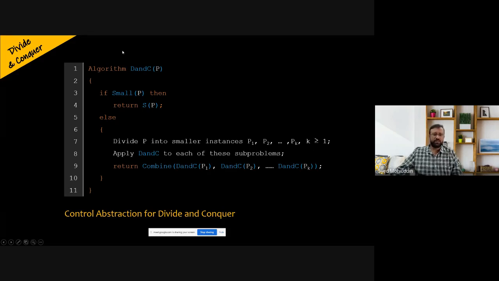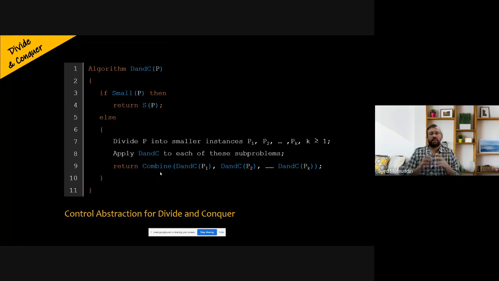Obviously, this is a recursive call, so it will be the same. The functions used here, small, solution, and combine, are all abstract functions. These functions do not tell us what to do and how it is done. It just tells us how an algorithm should work. So that is why we say abstraction.